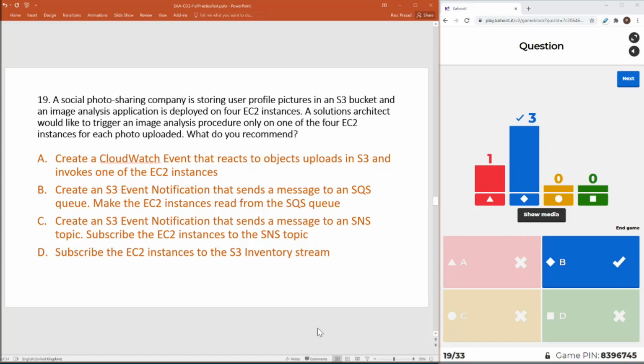Yeah, most of you got it right. Option is B.